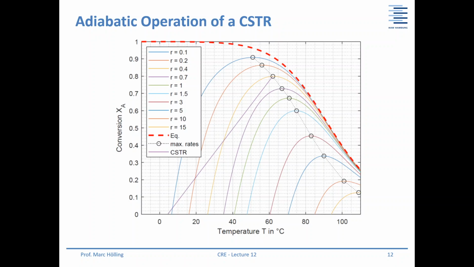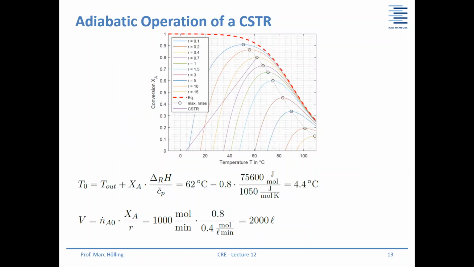Okay, so basically it's here again, same picture. Here 4.4 degrees Celsius, and this is 62 degrees Celsius, and we have a conversion of 80%. Of course you can also calculate it.